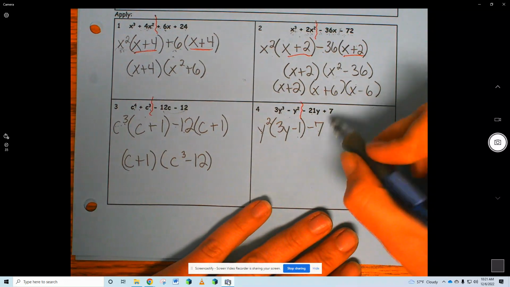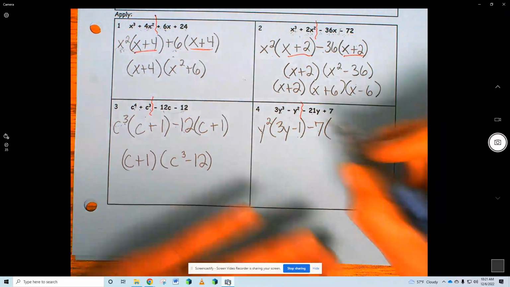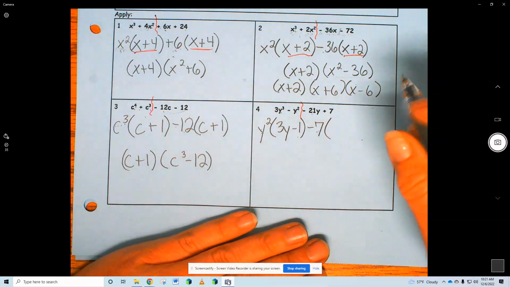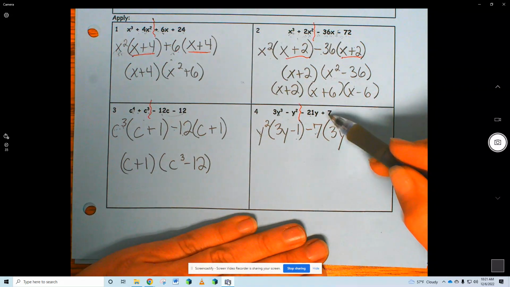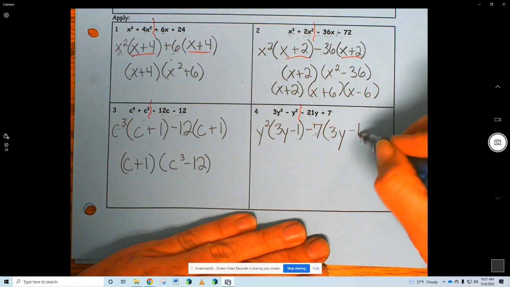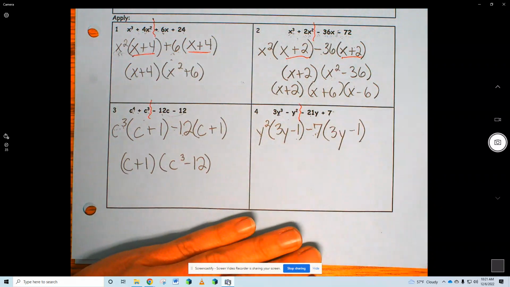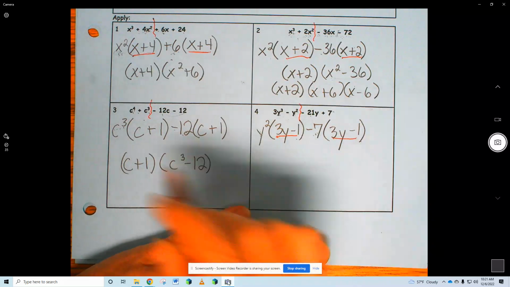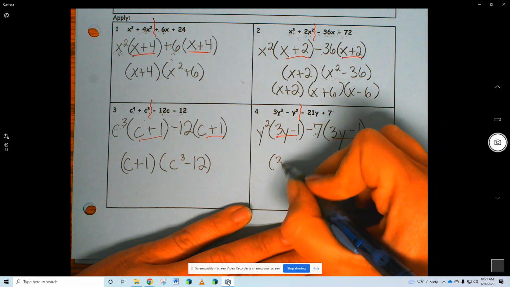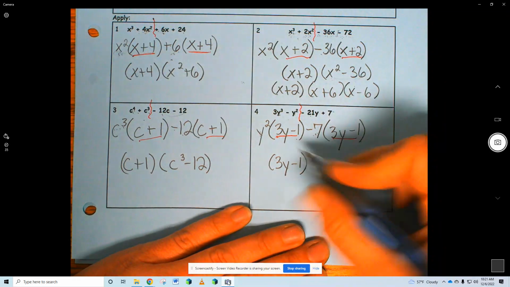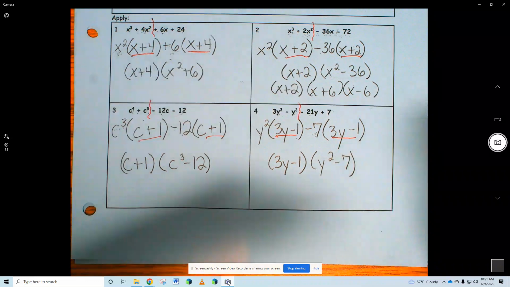Negative 21, negative 7. 3y, negative 7, positive 7, negative 1. So my common, 3y minus 1, is my GCF that I write only one time. And the y squared minus 7 is left. And I can't go any further with those.